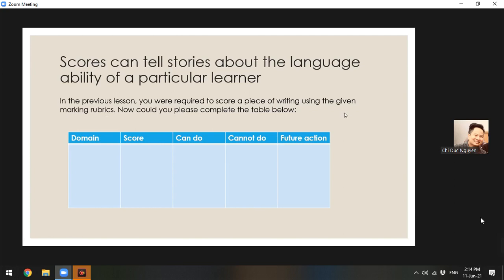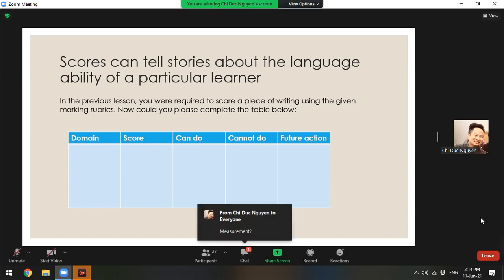And so in order to unpack more about it, I would like you to come back to one of the very important concepts that you have learned right from the first lesson of this course about measurement. Can you please tell me what this means for measurement? You have learned this concept right from the first lesson already.